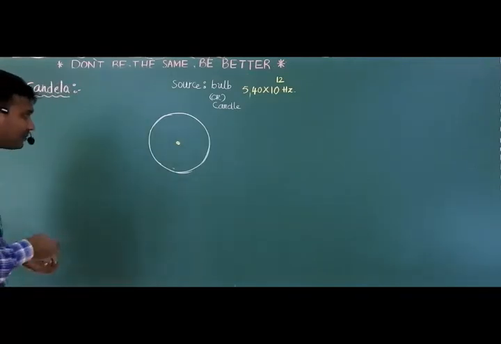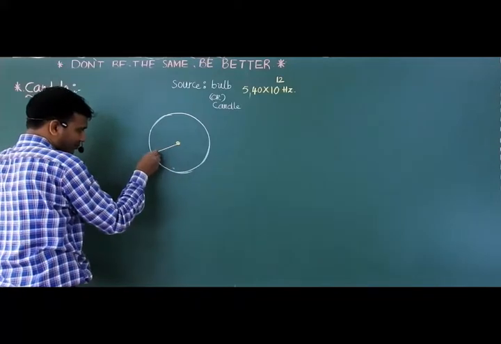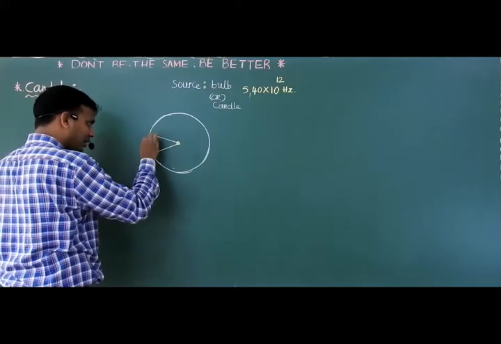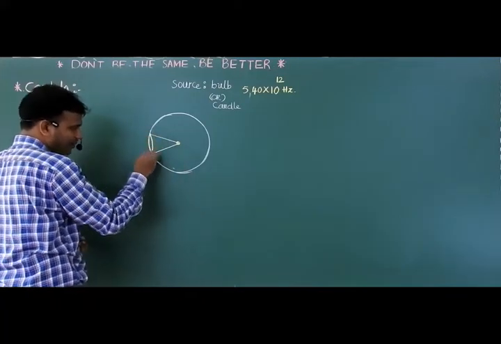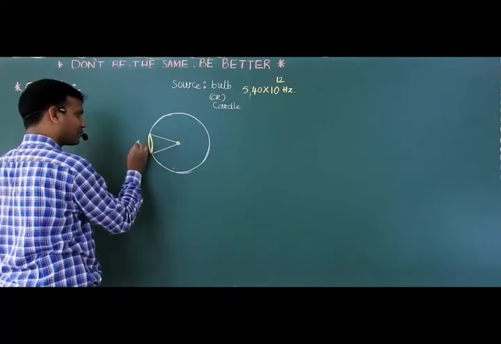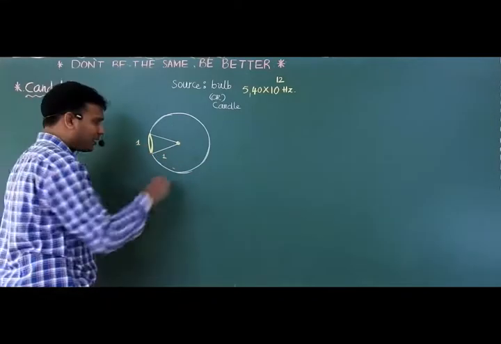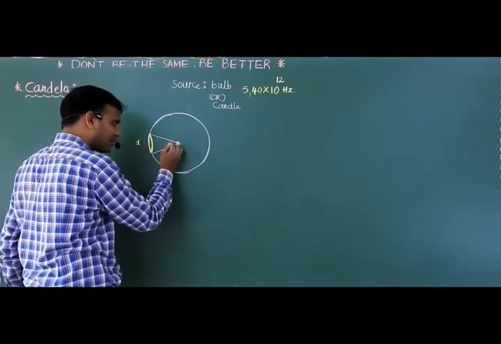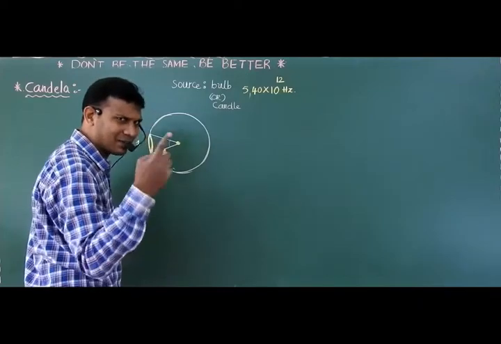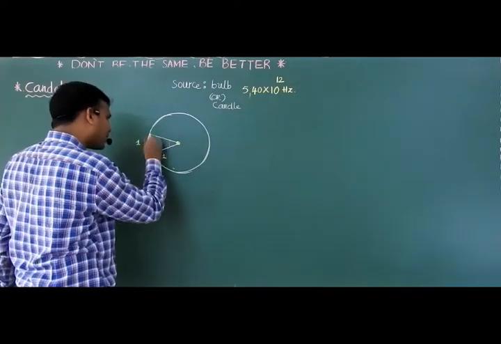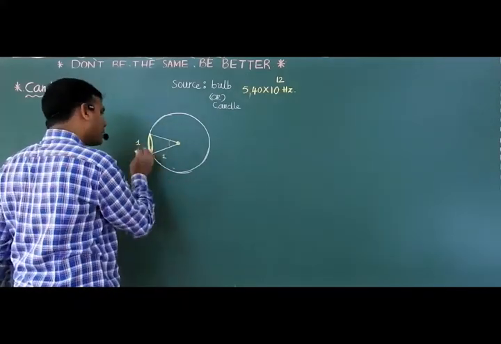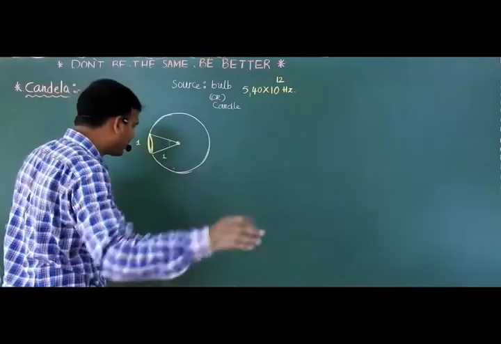Then you have to consider this spherical surface, like dS. This dS we assumed to be 1, and the radius is also 1. For the given spherical surface, the solid angle Ω becomes 1 only, because the surface area is 1 and the radius is also 1: unit steradian.